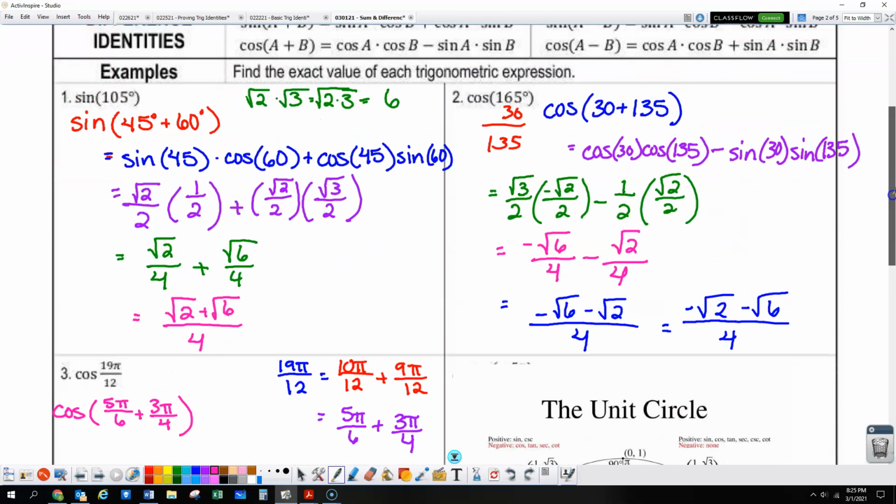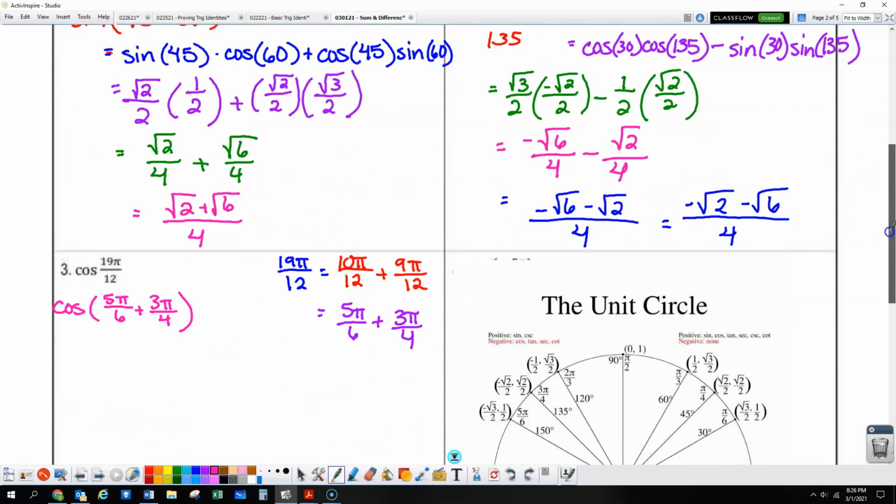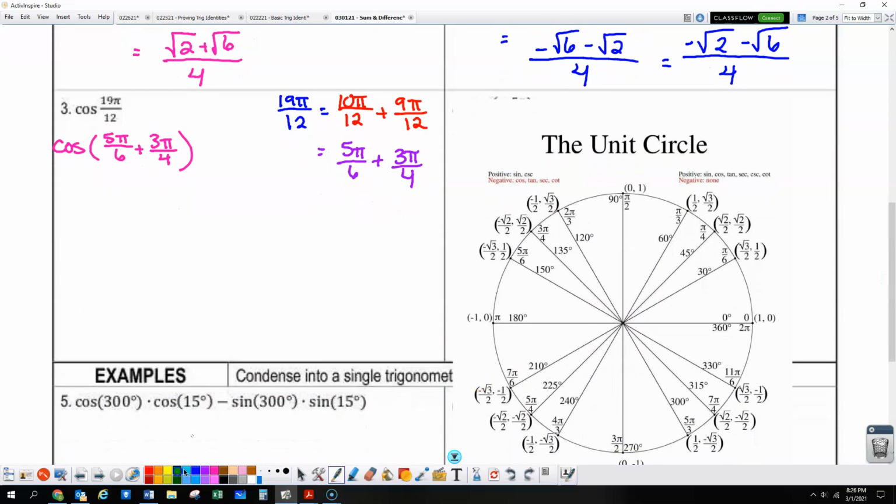Okay, and so now we're going to use our formula of cosine A times cosine of B minus sine of A times sine of B. So cosine of 5 pi over 6 times cosine of 3 pi over 4 minus sine of 5 pi over 6 times sine of 3 pi over 4.